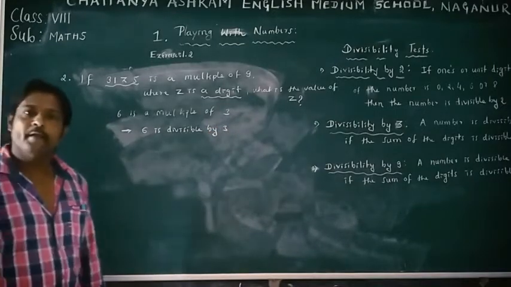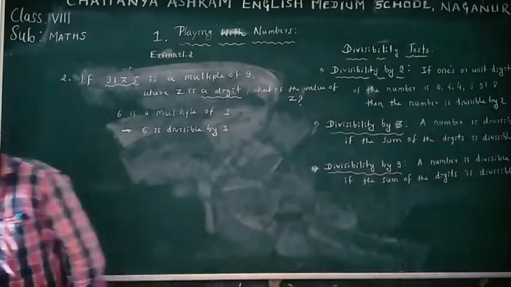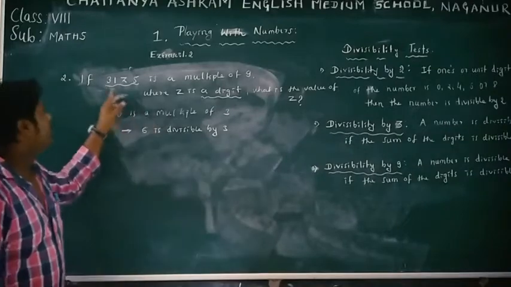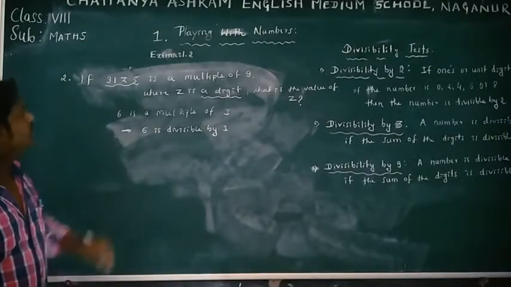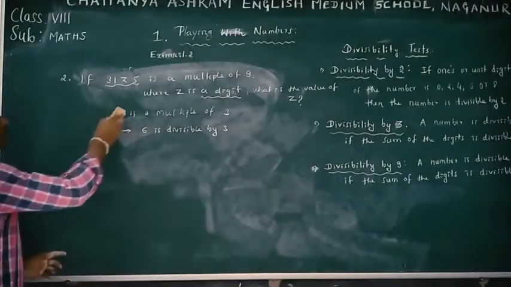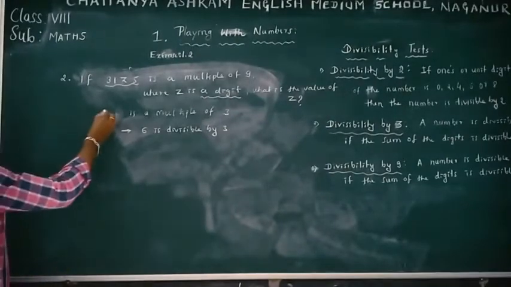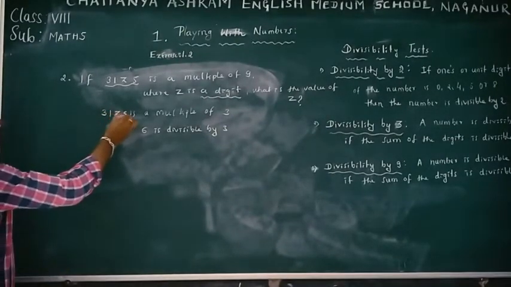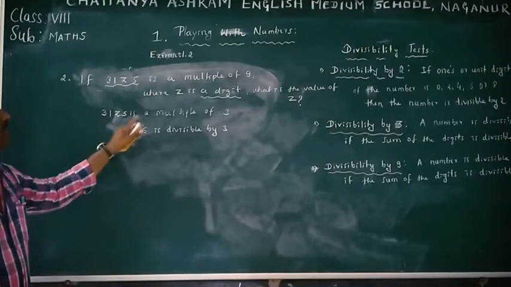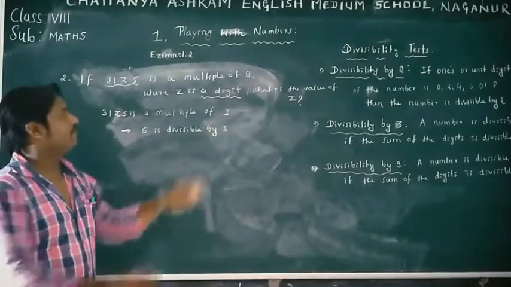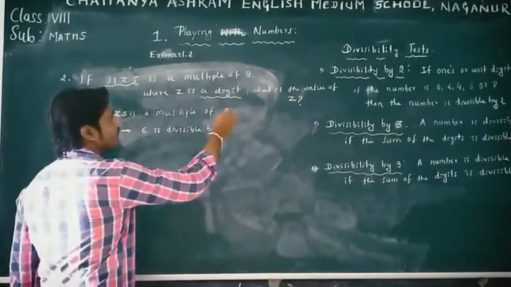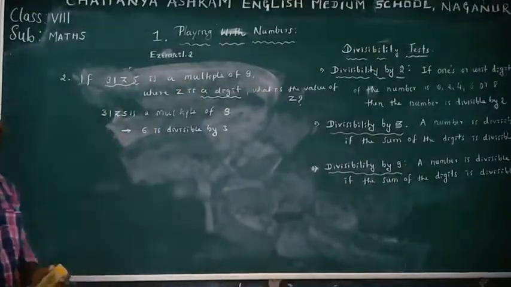Here also, what are they given? This number 31Z5. This is a multiple of 9 in the given sum.